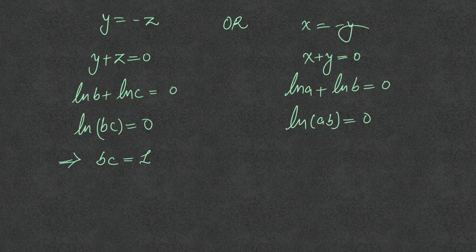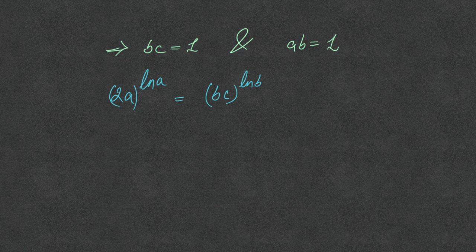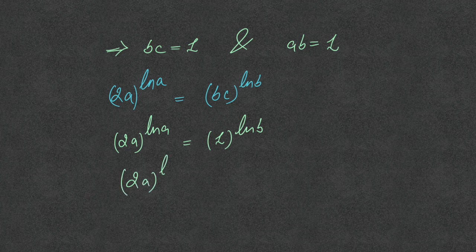So clearly ab is equal to 1. Now using the value of bc in the given equation, we get 2a to the power log a is equal to 1 to the power log b, which is again 1, so 2a to the power log a equals 1.